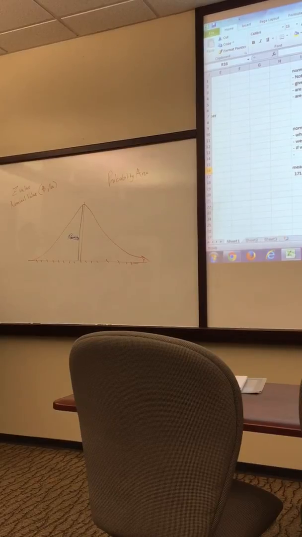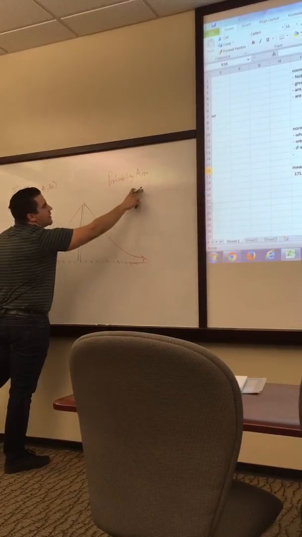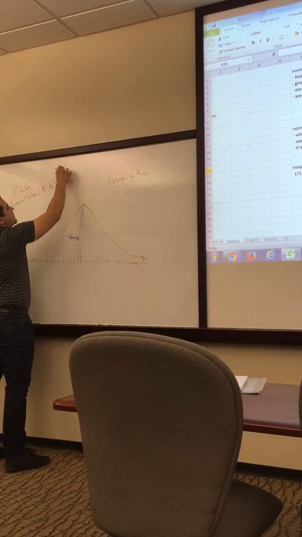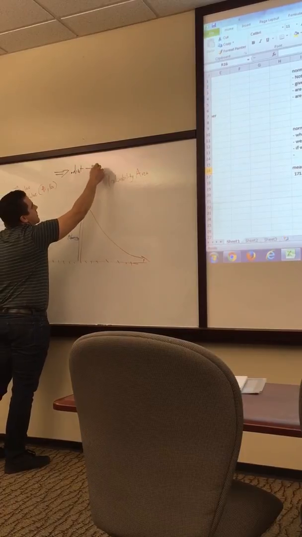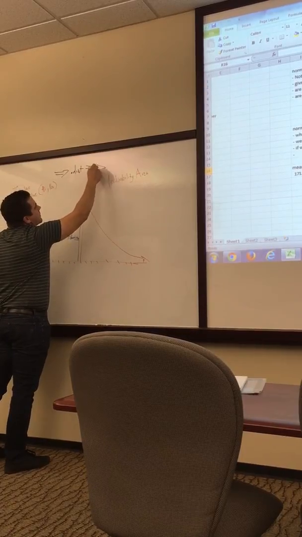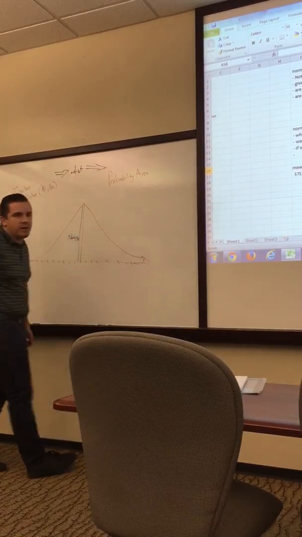If the question gives us a z-value or a nominal value and asks us for an area probability, then we're going to use a dot dist equation. So that's directionally the way that's going to go.